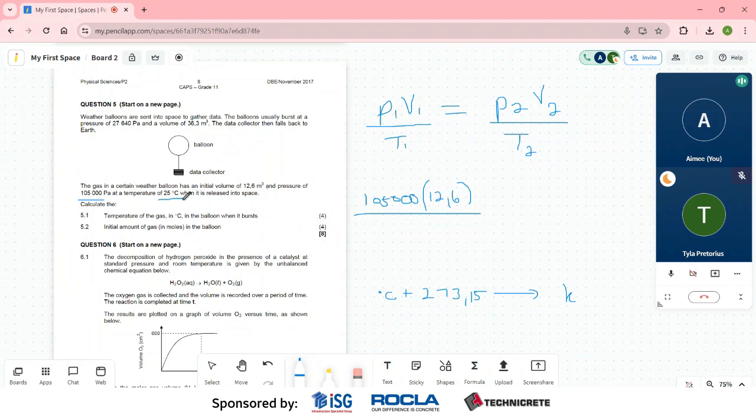So if we have a temperature of 25 degrees Celsius, that is 25 plus 273.15, which means we have a reading of 298.15 Kelvin. Remember, you need to know what your SI units are. If you substitute them in the incorrect units, you're going to get everything wrong. So double check that you know what your SI units are for all of the formulas that you're using.